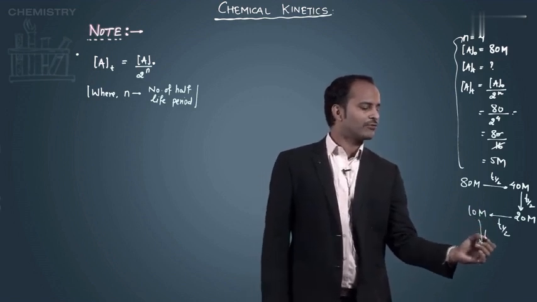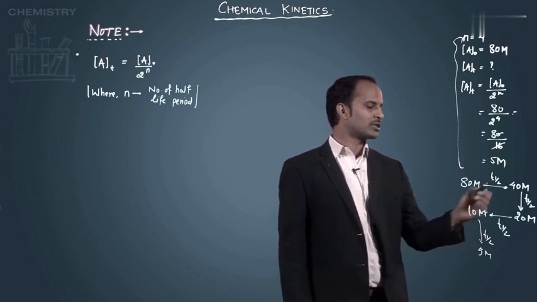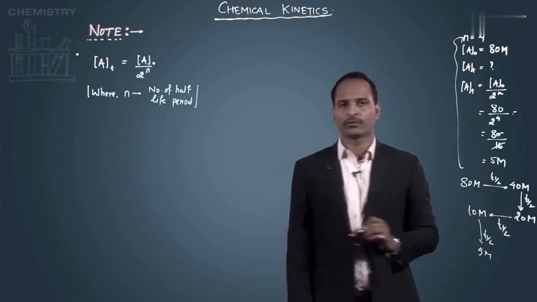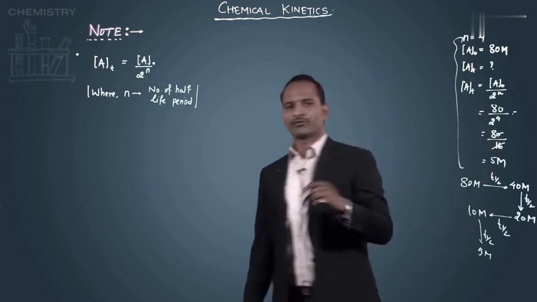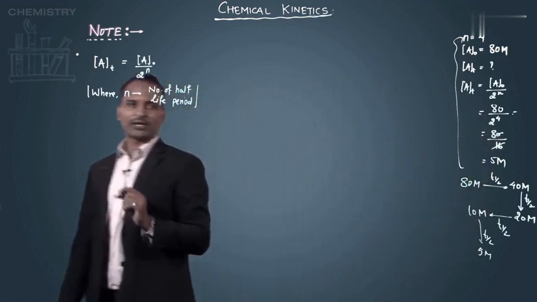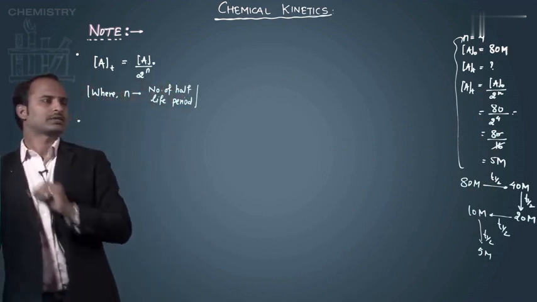So after the next half-life, it will again reduce to half, that means 5 molar. How many half-lives were taken? 1, 2, 3 and 4. So either use this method, or directly use this formula to determine the amount of reactant left after some particular time.